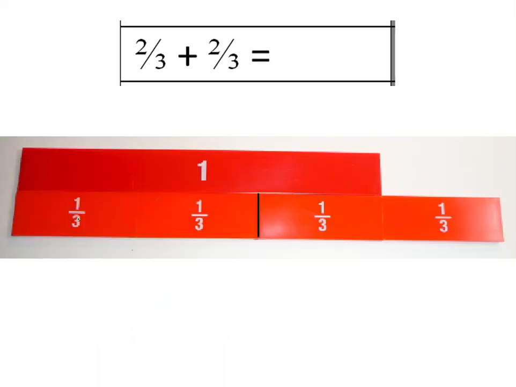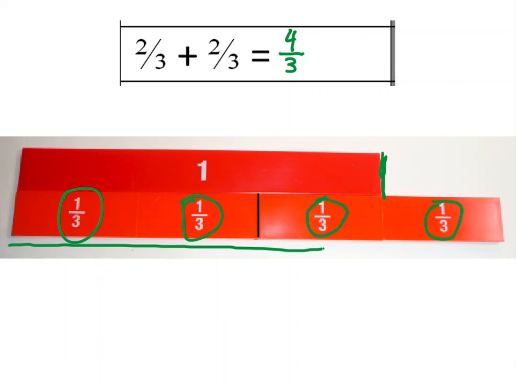All right, next. Oh, 2/3 plus 2/3. So 1, 2, there's 2/3, plus 2 more thirds. That equals 4/3. But once again, we went over the length of 1 right here. We went too far, didn't we? Okay, so you can imagine that we could also say that this is equal to 3/3.